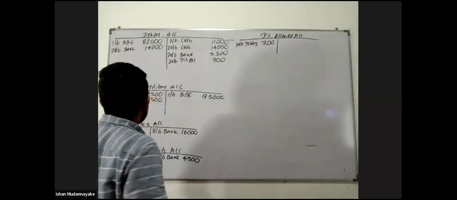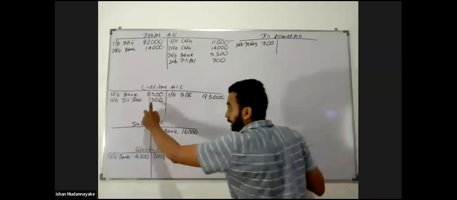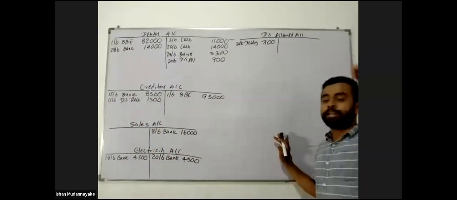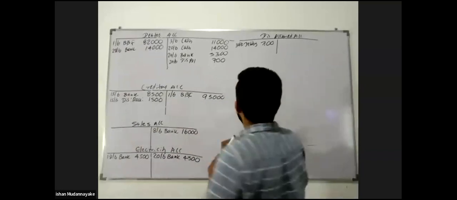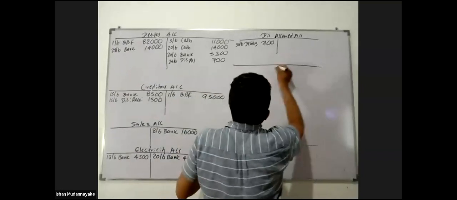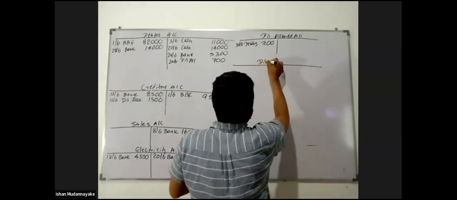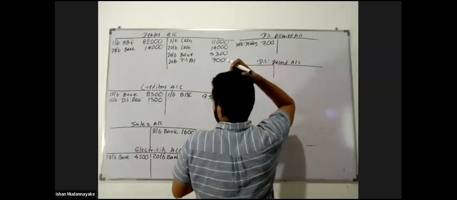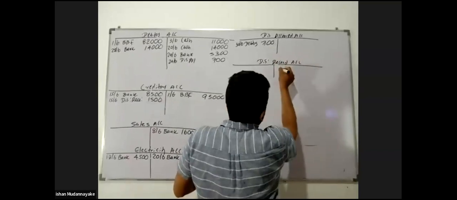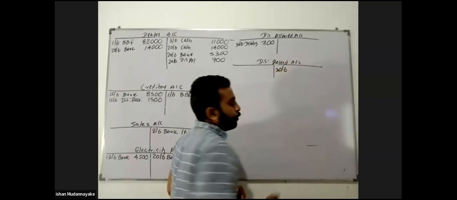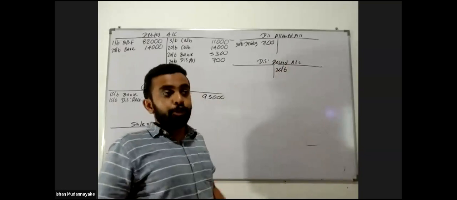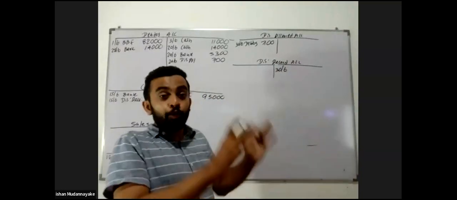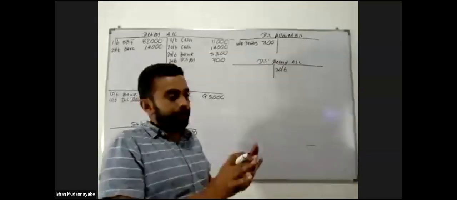Then for the discount received amount, creditors account debit, discount received account credit. Discount received account credit 1500. On 30th June, at the end of the month, you need to record total discount allowed and total discount received, and pass double entries.